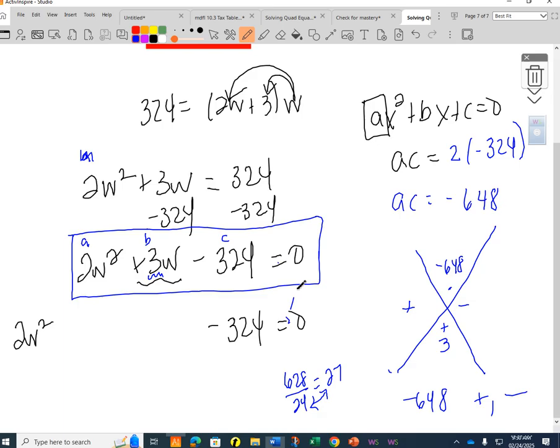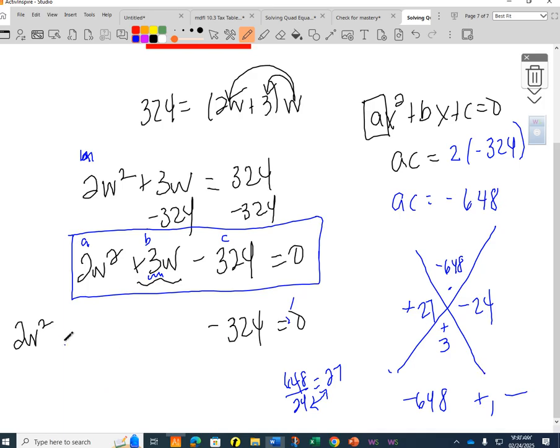Oh, I did 48 on my calculator, sorry, thank you. I read the wrong thing there, but I did do it right on the calculator. Y'all can double check me if you want. But 24 times 27 is 648. So if I need a positive 3, my 27 is going to be positive and my 24 is going to be negative. Does that make sense?